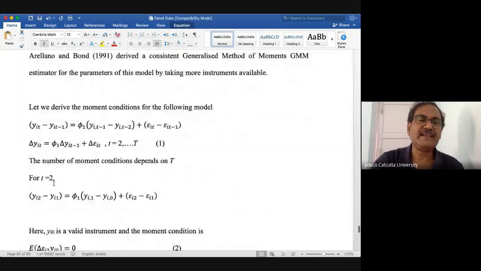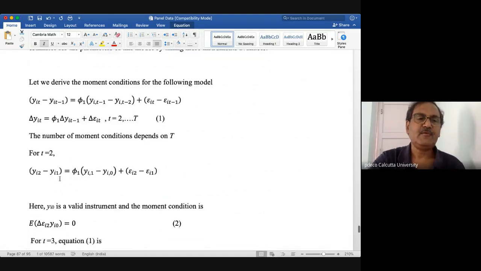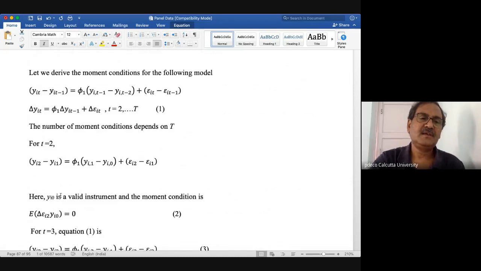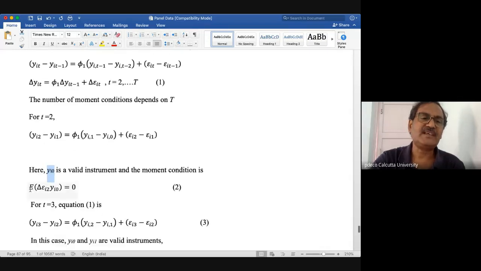In the same set of equations, if we consider the particular case t is equal to 2, you have yi0 as the instrument, and the moment condition becomes expected value of delta epsilon i2 into yi0 equal to 0.